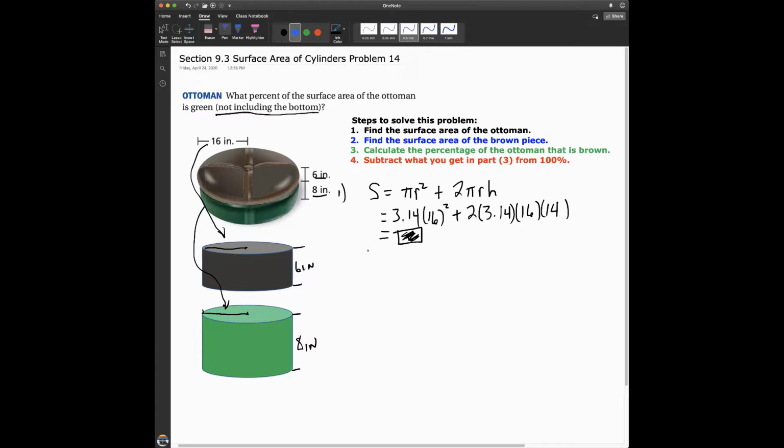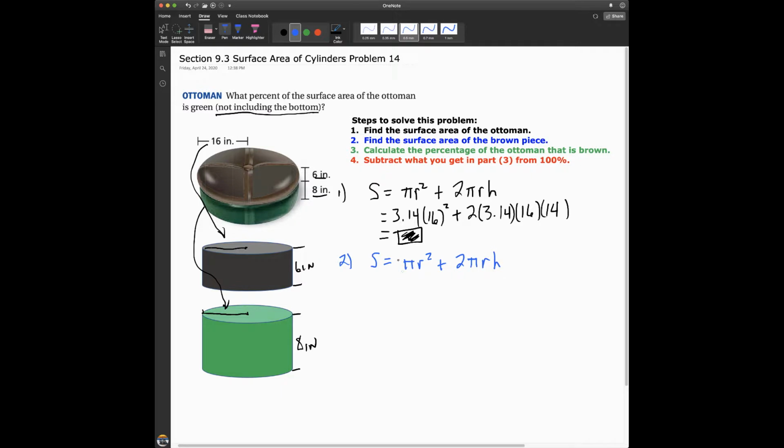Part two, this is one way to do this. Let's find the surface area of the brown piece, so we can focus on just that. That would be pi times radius squared plus 2 times pi times the radius times the height.